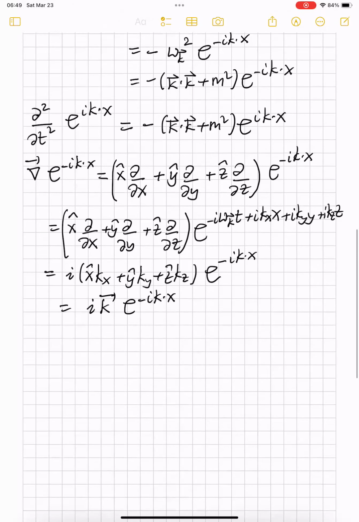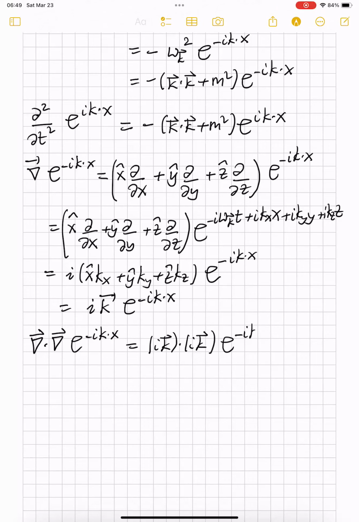So we can now take a second derivative. If we take nabla dotted into nabla, so the Laplacian acting on e to the minus ik dot x, what do we get? Well, we will get ik from the first derivative, ik from the second derivative, dotted into each other, e to the minus ik dot x, and that is minus k dot k e to the minus ik dot x.